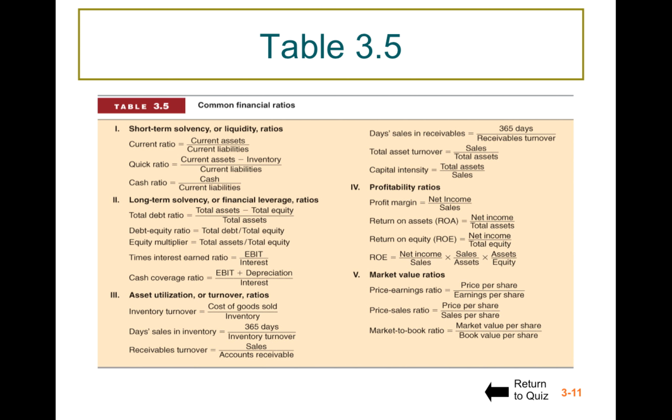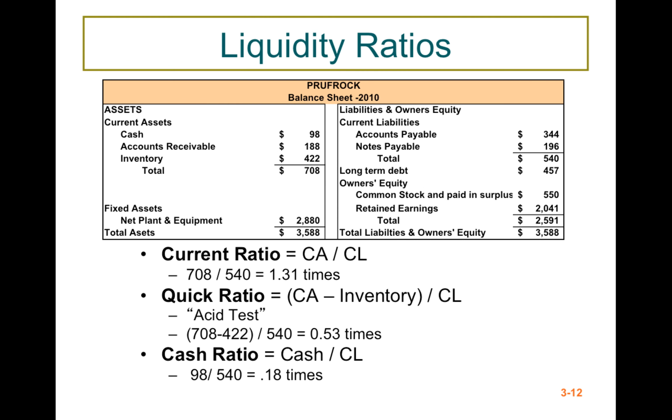What you can get out of this class is really the 1, 2, 3, 4, and 5: we're looking at short-term solvency, long-term solvency, asset utilization, profitability, and then market value. We have different ways of doing that, and all these ratios fit into those categories. So let's start with our liquidity ratios, which look at your short-term obligations.